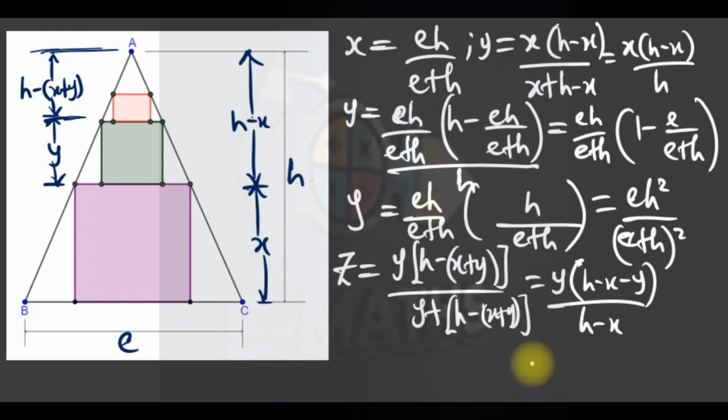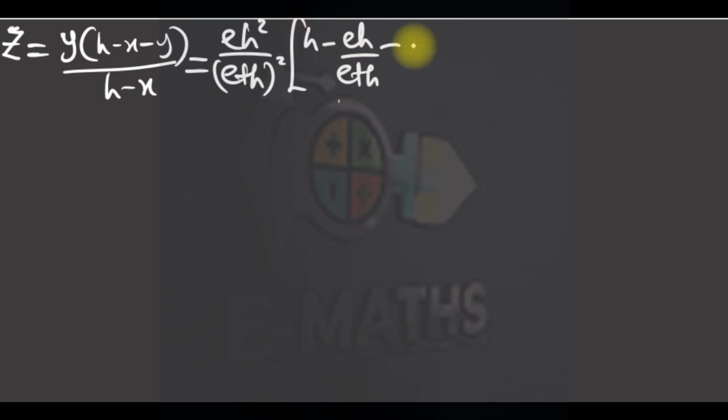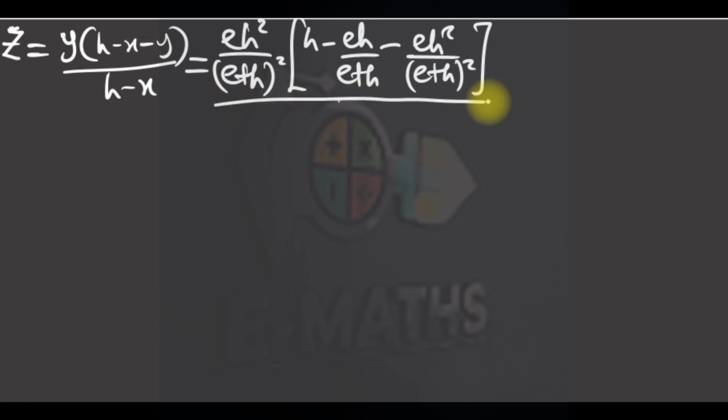So we now substitute the values of x and y in terms of e and h. Y is eh squared over e plus h all squared, and h minus x minus y is h minus eh over e plus h minus eh squared over e plus h all squared.